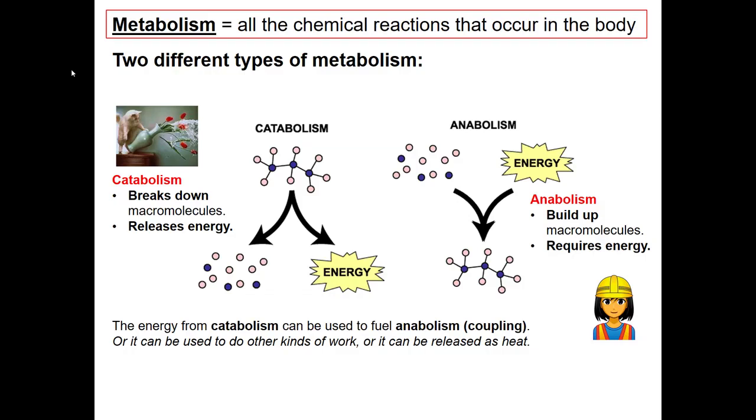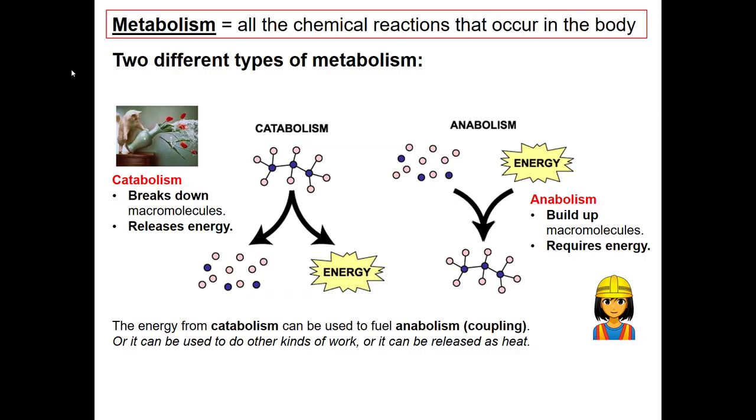Because these smaller pieces require some energy to be built up into this larger thing, and because that energy has to come from somewhere, sometimes we say that catabolism is coupled with anabolism. That just means that the energy released from the catabolism of one thing is being used to fuel the buildup, the anabolism, of something else.